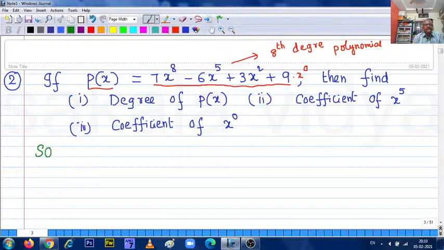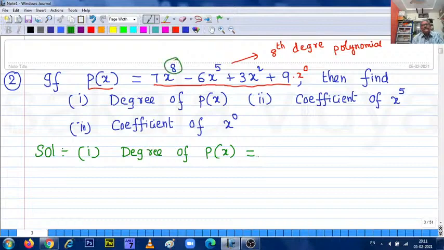Solution. First question, degree of p of x equals the highest power, 8. Next, second question, coefficient of x to the power of 5. Coefficient of x to the power of 5 means the constant before x to the power of 5, which is minus 6.